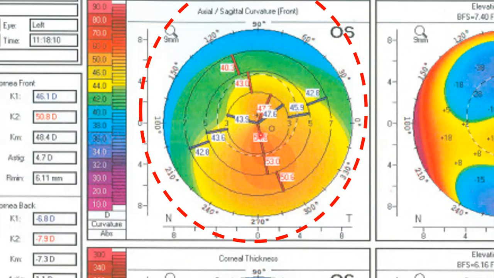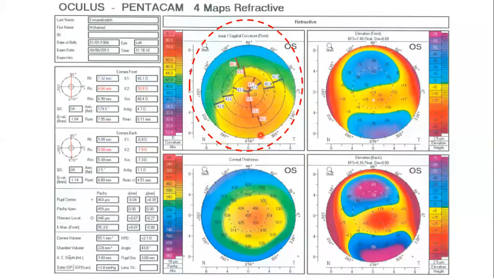This axial map gives what the power is at different points of the cornea, and it also tells us about the shape of the cornea. Shape means how the cornea is curved, which area of the cornea is more curved.